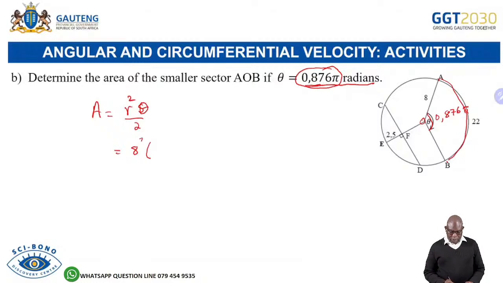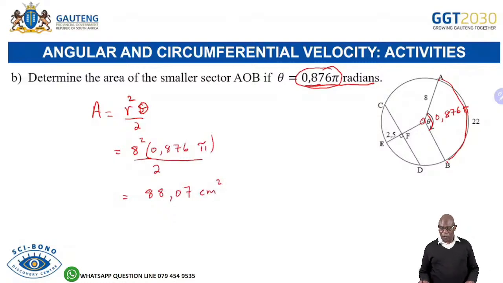So R squared theta is 8 squared, then 0.876 pi, and divide this by 2. So my area is 88.07 square centimeters. And that is what I'm going to get for that. Okay.